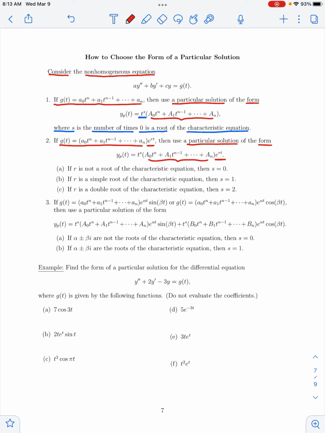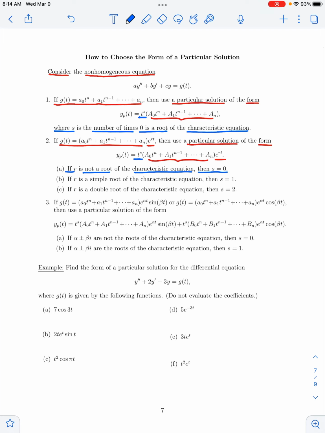And this will be the correct form of the particular solution unless the exponent, e to the rt, already appeared in our homogeneous solution. So as long as the value in our exponent, r, is not a root of the characteristic equation, then we don't have to multiply by a factor of t out in front. We might consider that multiplying by t to the 0, or just 1.